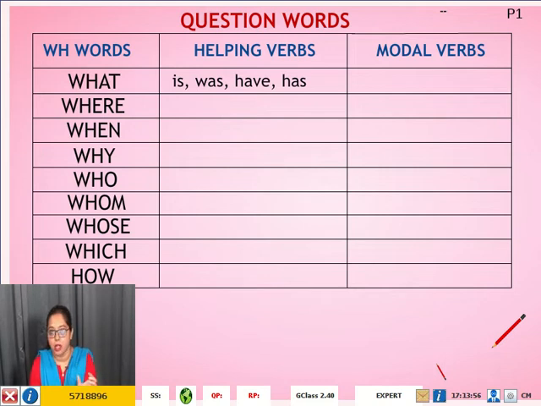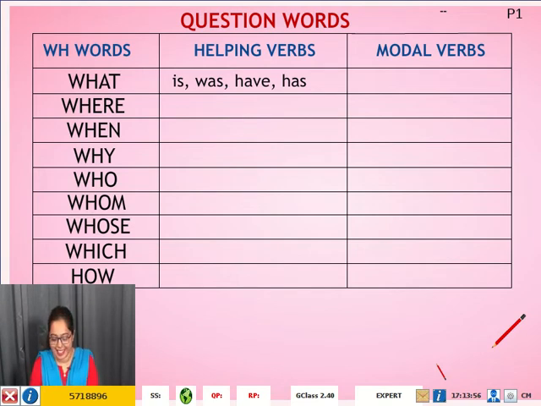So with what we use the helping verb or be verb is, was, have, and has. That is how we use the words in a sentence. I hope you understood what kind of helping verbs go with what kind of WH word. Similarly, we will come to see the next WH words.